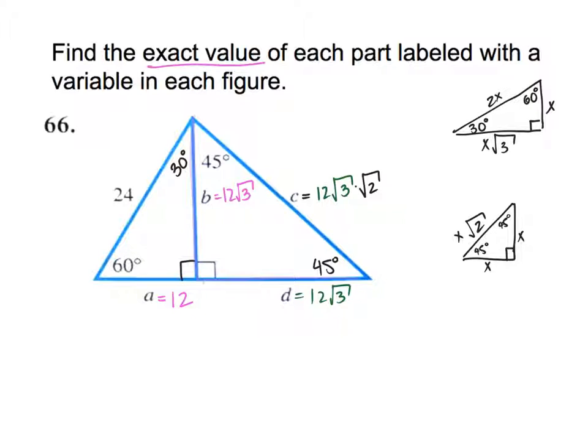So if you were to multiply these two, multiplying roots, you would just multiply the numbers underneath. So 3 times 2 gives you 12 on the outside, and the square root of 6. And the square root of 6 I can't break down, so I'm going to keep it under the root. And so there we have it, our last side, our C value.